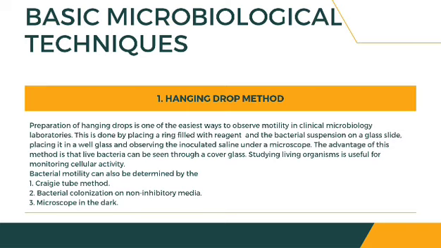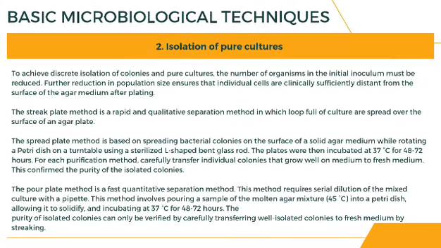The advantage of this method is that live bacteria can be seen through a cover glass. Studying living organisms is useful for monitoring cellular activity. Bacterial motility can also be determined by the Craigie tube method, bacterial colonization on a non-inhibitory medium, and microscopy in the dark field method.